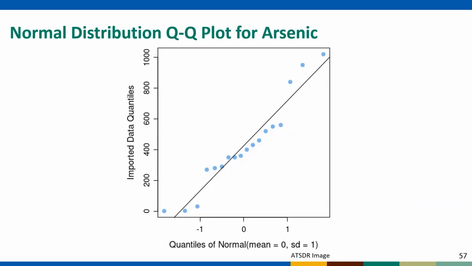When the distribution of the imported data is similar to the assumed distribution, the points on the QQ plot will approximately lie on the diagonal line shown in the figure. The figure on this slide shows the normal distribution QQ plot, where the quantiles of the normal are mean equals 0 and the standard deviation equals 1.